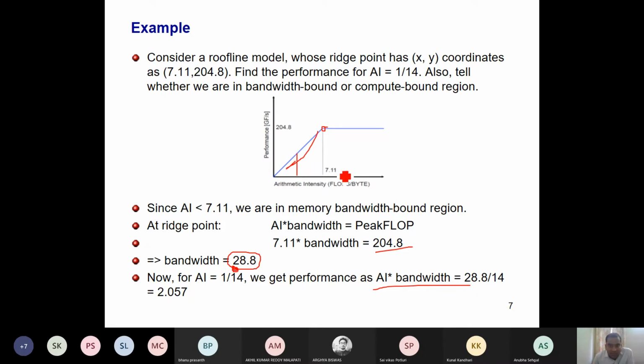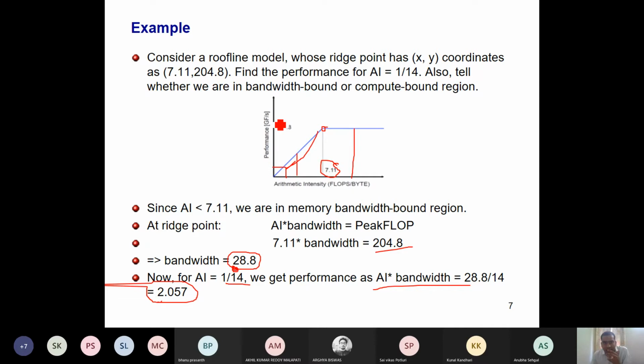However, if your AI crosses 7.11, then further increase in AI does not increase your performance because you have already reached the maximum performance. Okay, so going on with the question, because our AI is very low, the performance we are getting is 2.057 gigaflop per second, somewhere around here.